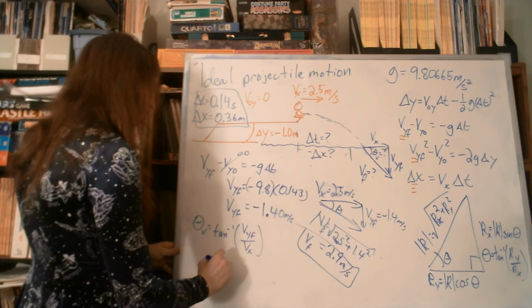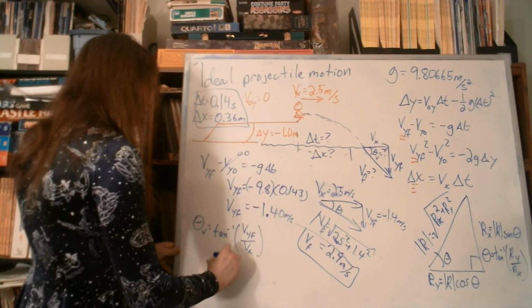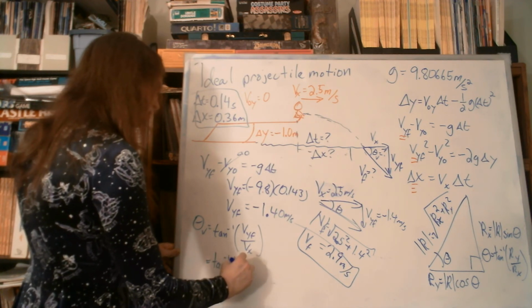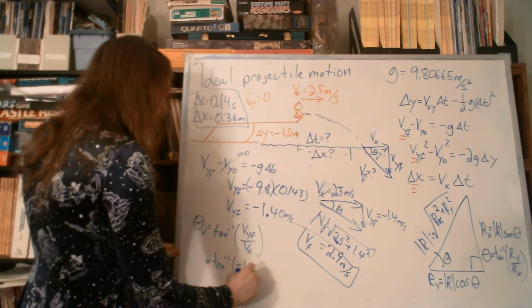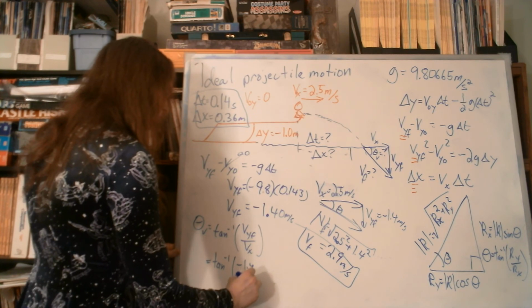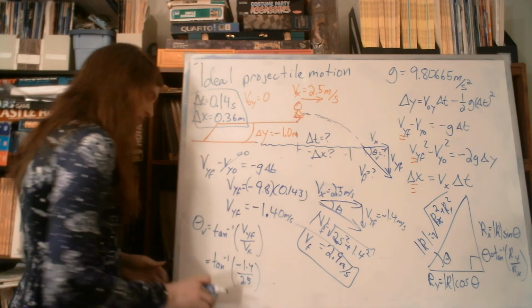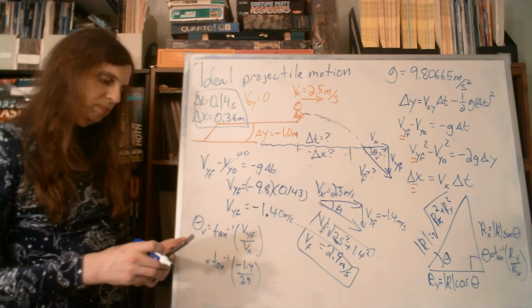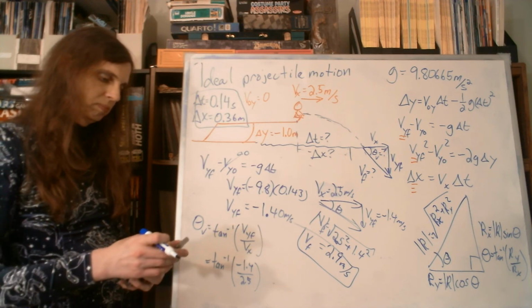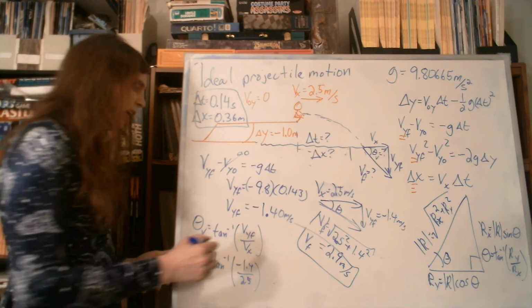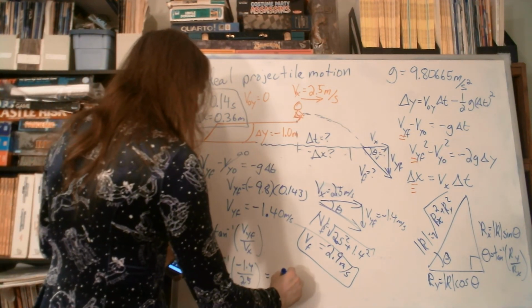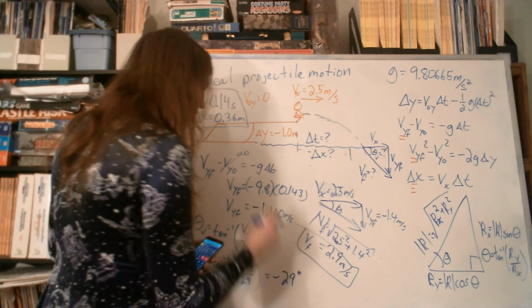So that's inverse tan of negative 1.4 over positive 2.5, and that is negative 29 degrees.